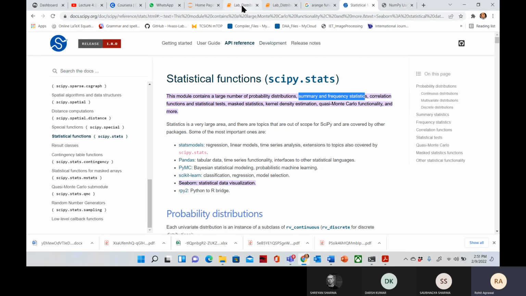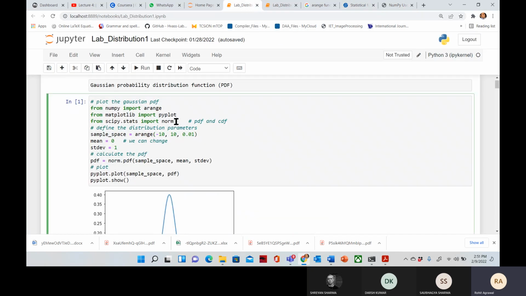One of them is norm. It is used to plot the probability density function and cumulative density function of a Gaussian distribution. Norm is just an alternative name for the Gaussian distribution, also known as the normal distribution. Using this norm, we will use PDF and CDF.